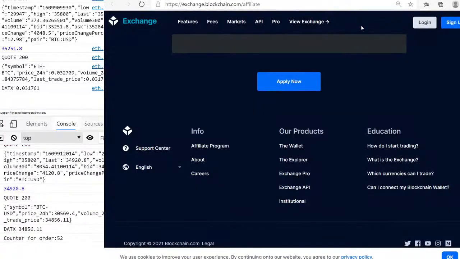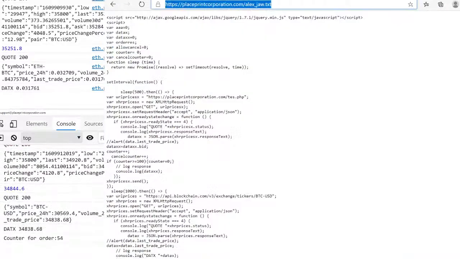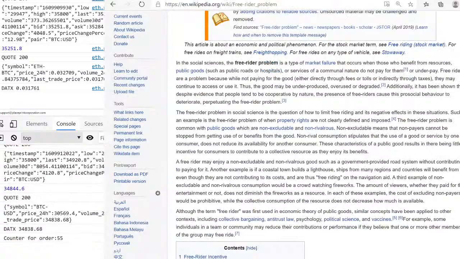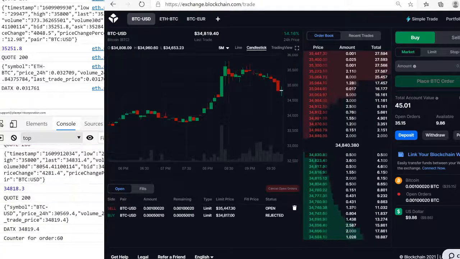I needed it to cancel here, big time. Come on. 35,000. Why is this not canceling? We'll just give it a time. I think it's coming up, guys. Sometimes patience is key, guys.